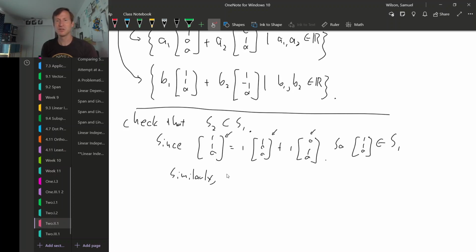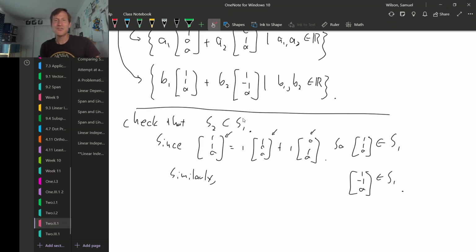Similarly, we can use a similar trick. I'll let you fill in the details, but we can show that 1, minus 1, 0 is also in S1, the span of 1, 0, 0 and 0, 1, 0.